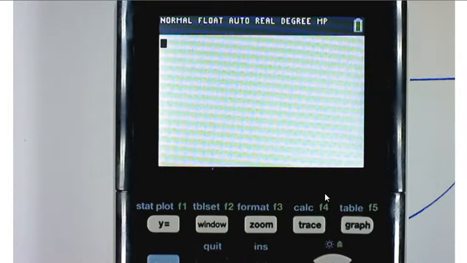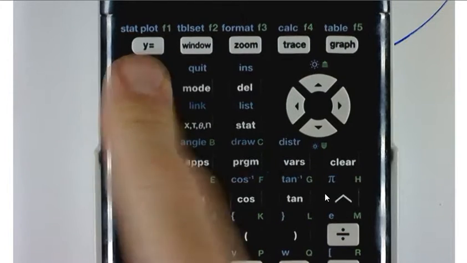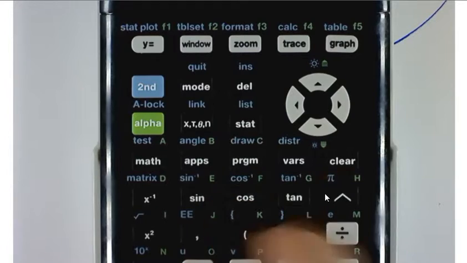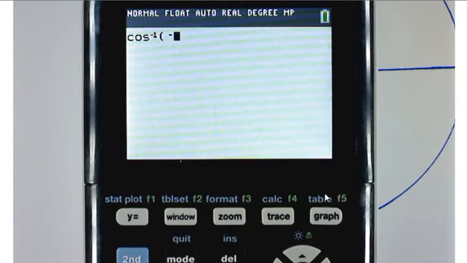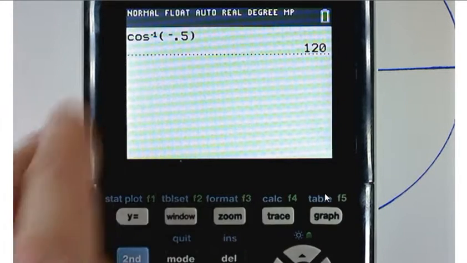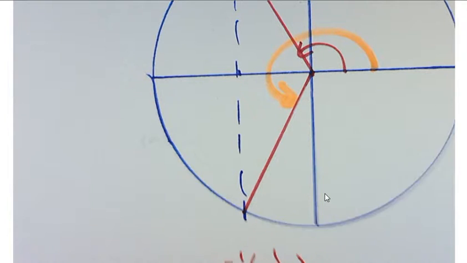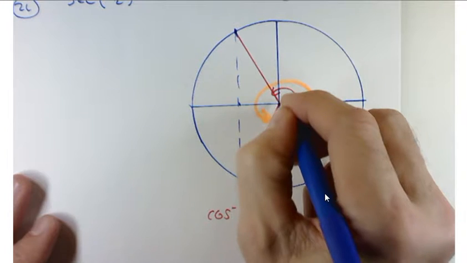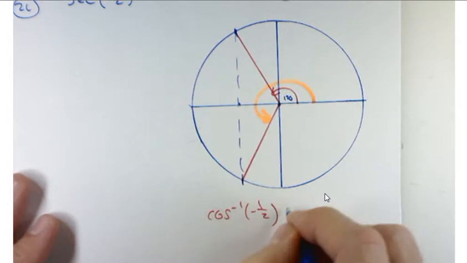Hit the second key and then the mode key to quit out of there. I want to do the cosine inverse. Cosine inverse has nothing to do with the secant. You press the second button and then the cosine key, and you'll get the cosine inverse of negative 0.5, and I get 120 degrees. Okay, cool. That's 120 degrees. So let's take note of that. This little angle right there is 120 degrees.